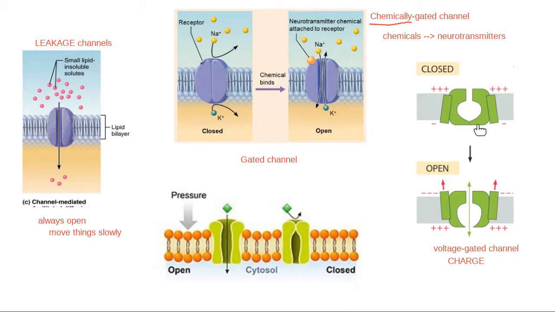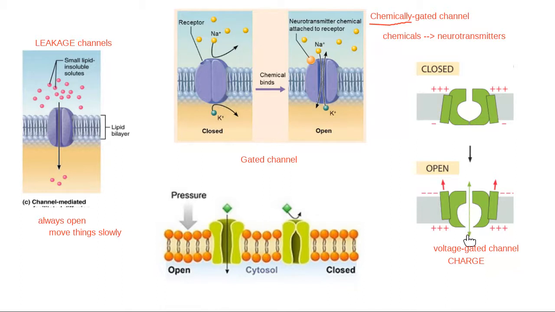So in this particular picture, I'm looking at this channel closed. Notice that the inside of the membrane has a negative charge and the outside has a positive charge. When things happen in my cell that make the inside of the membrane go positive, suddenly this protein opens up.